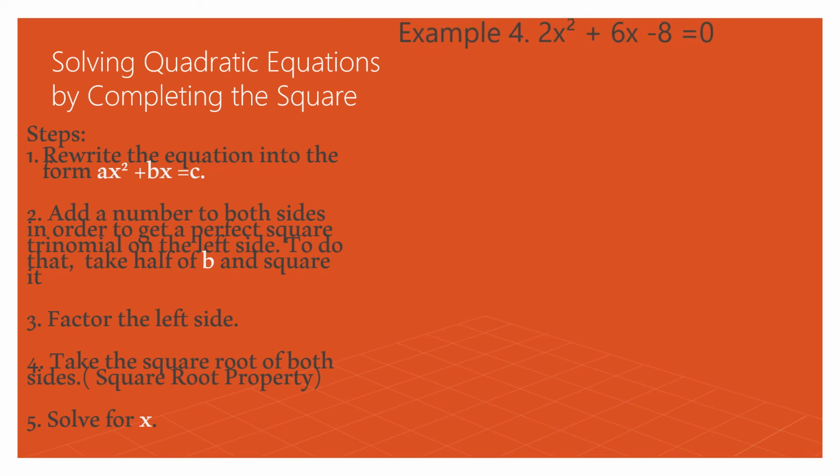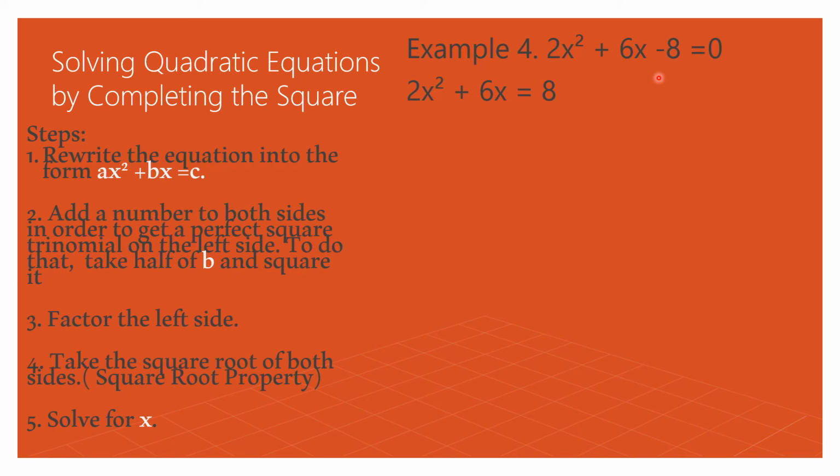Next, we have 2x squared plus 6x minus 8 is equal to 0. So, dalawa yung gagawin natin dito bago tayo mag-add ng number on both sides. Kailangan itong negative 8, mapunta siya sa kabila at may divide natin lahat ng terms by 2. So, ayan. Gawin natin.